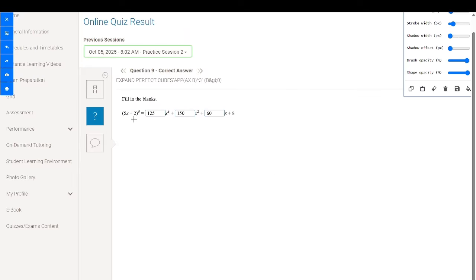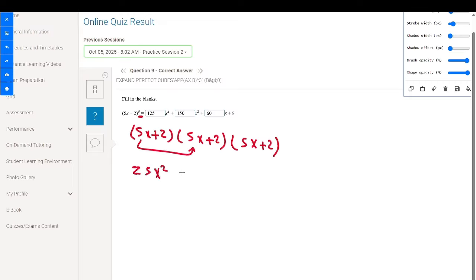Now 5x plus 2 whole power of 3, so 5x plus 2 multiply 5x plus 2 multiply 5x plus 2, 3 times. Now 5x multiply 5x, 25x squared. 5x multiply 2 will be 10x. 2 multiply 5x, 10x. 2 multiply 2 equal to 4.